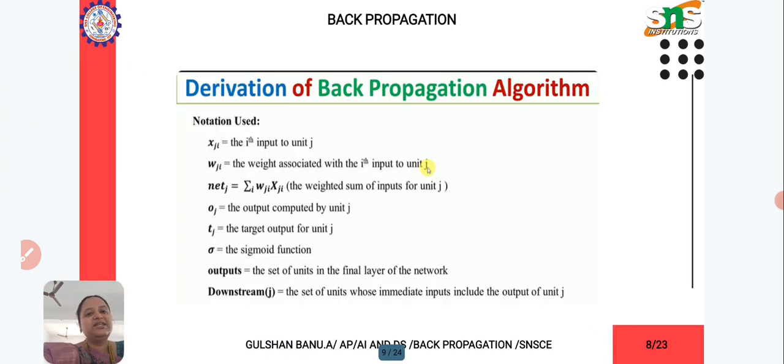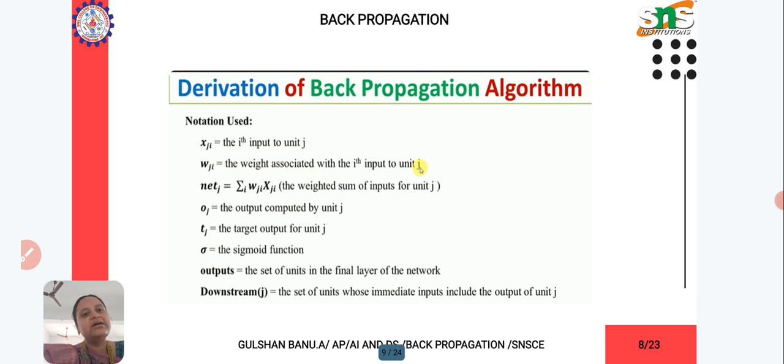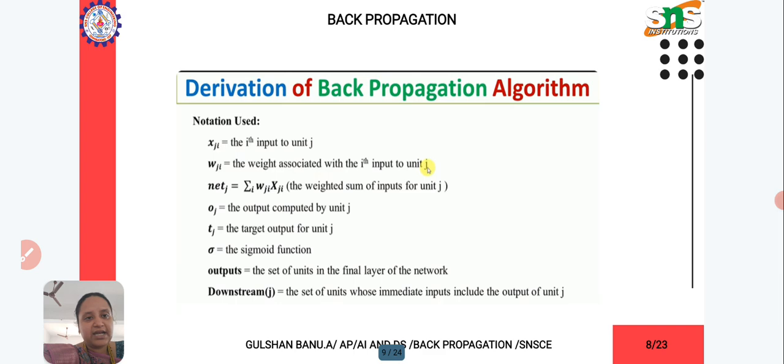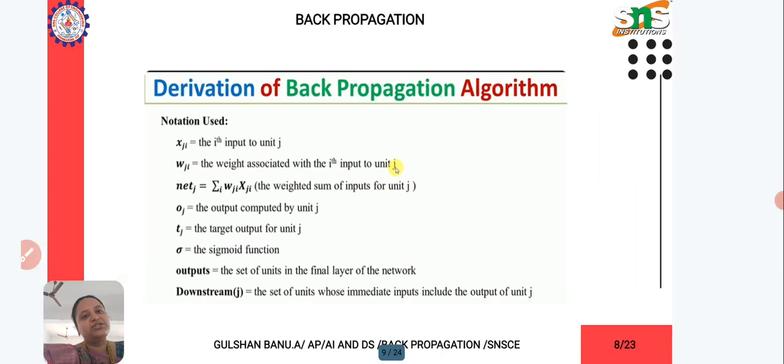Now all these notations are denoted as x_ji, w_ji, net_j, o_j, t_j and the sigmoid function. x_ji is the input value, w is the weight, net is the weighted sum, o_j is the output value, t_j is the target, and there is the sigmoid function.